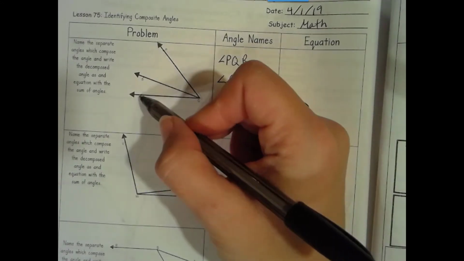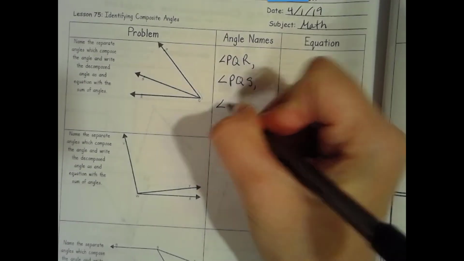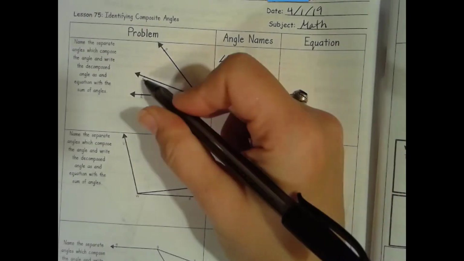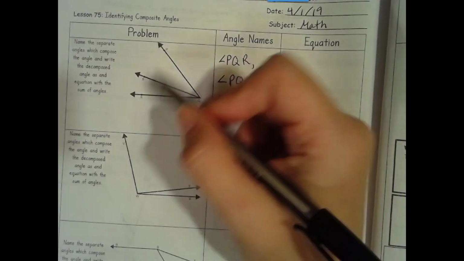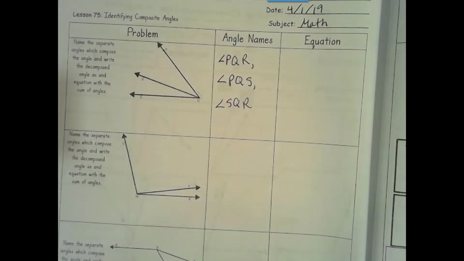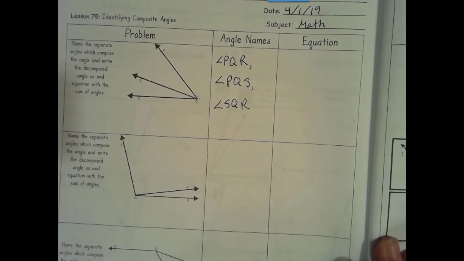I could also call it RQS. But as I follow those letters, it tells me which angle I'm looking at. So SQR, PQS, PQR. Those letters help tell me which angle we have.